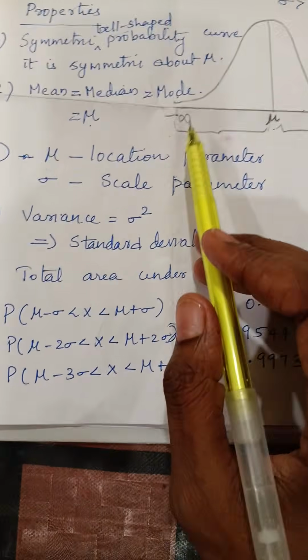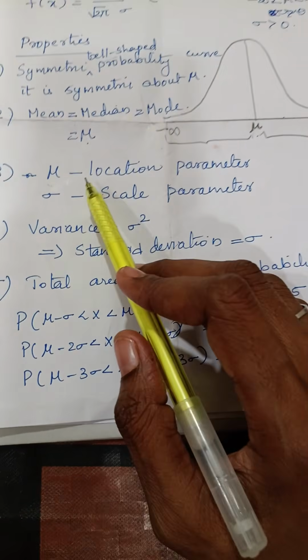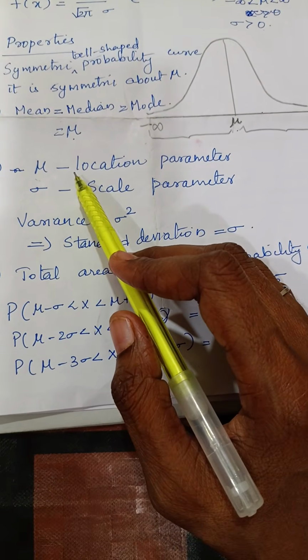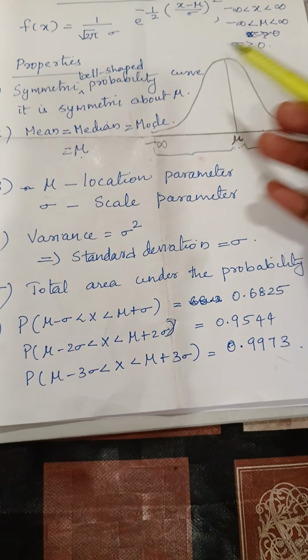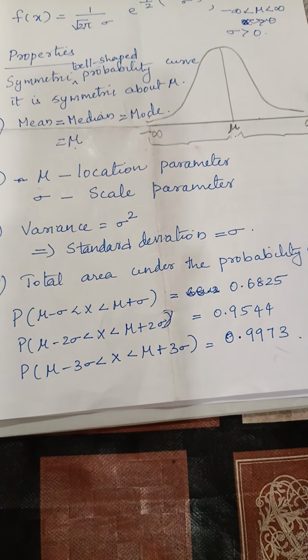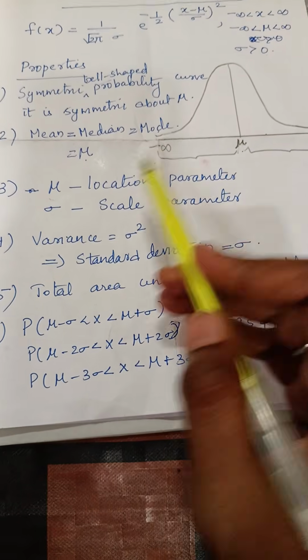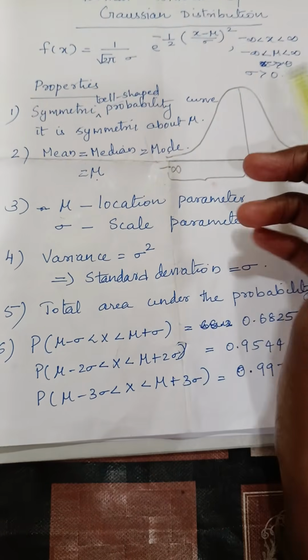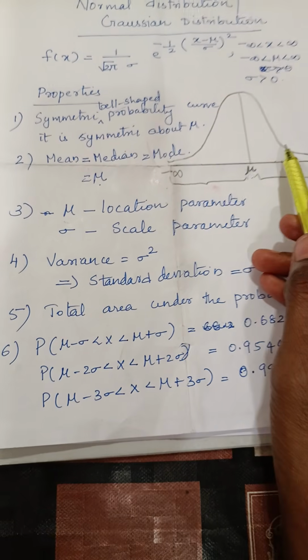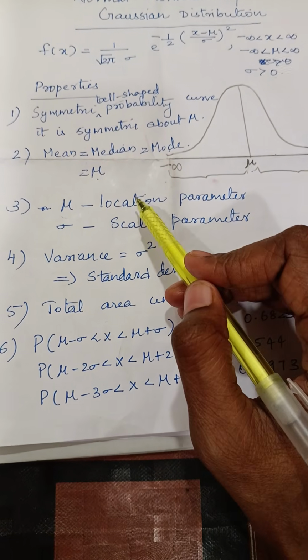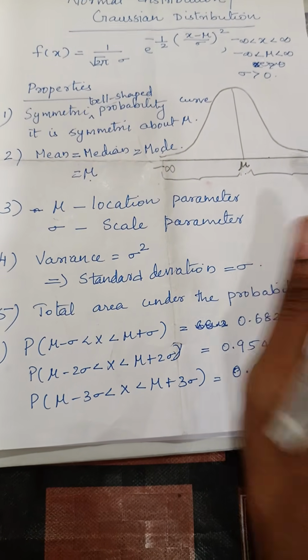This is known as the location parameter, and σ is known as the scale parameter. That means as the value of σ increases, the spread will be more, and as σ reduces, the curve becomes closer.